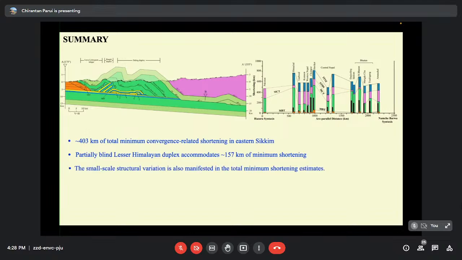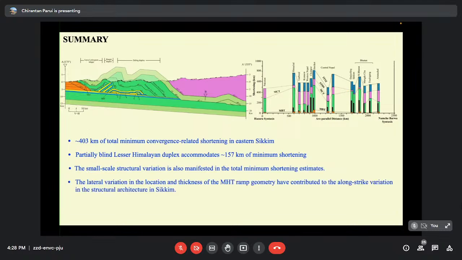And the small-scale lateral variation is also manifested in the total minimum shortening estimates, and the lateral variation in the location and the thickness of the MHT frontal ramp have contributed to the along-strike structural variation in the Sikkim Himalaya.